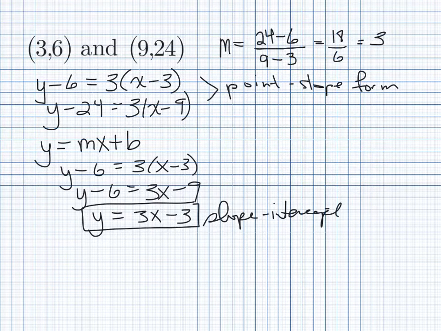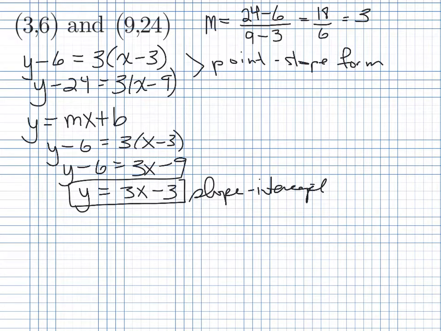And finally, we're asked for the standard form for the equation of our line. For the standard form, we need something of the form ax plus by is equal to c, where a, b, and c are not fractions. So I'm going to rearrange my slope-intercept form into the standard form. So first, I'm going to go ahead and move y to the other side of the equation.